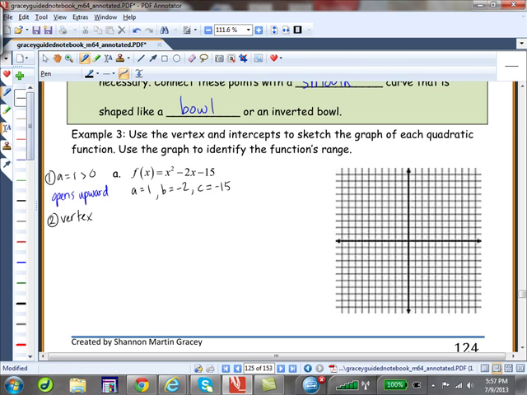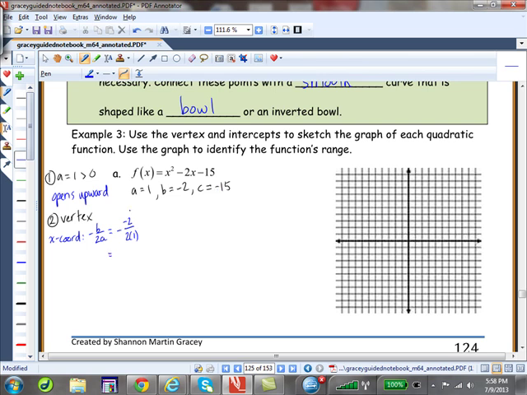The x-coordinate is found by finding negative b over 2a, which is negative -2 over 2 times 1. I just got that from what we had up there.